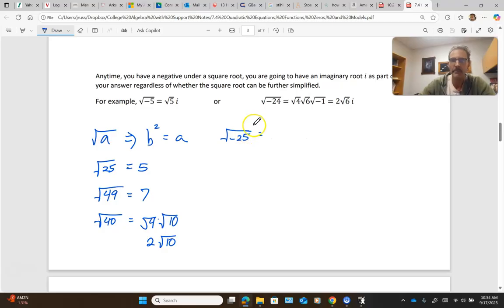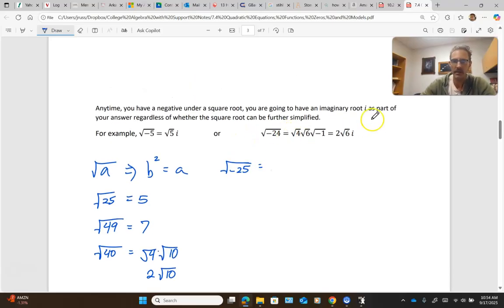Okay? And the way we do this is we have to actually define what it means to be an imaginary number, or an imaginary root. And we say that the square root of negative 1 is equal to i. Okay? So when you have something like the square root of negative 25, you still factor it, but you factor it such that the 25 is in one of the square roots, and that factor negative 1 is in the other one.